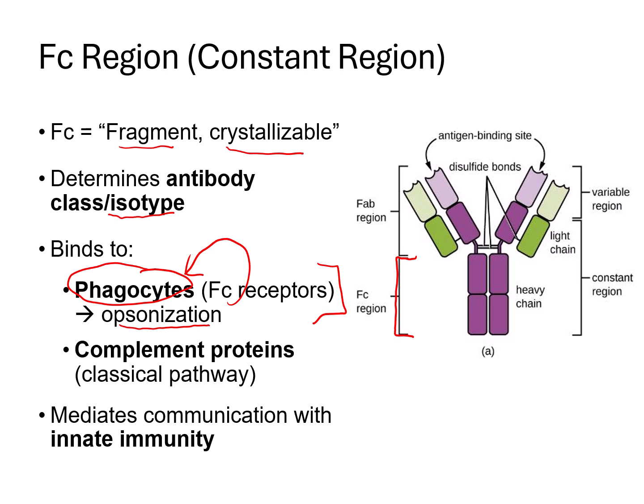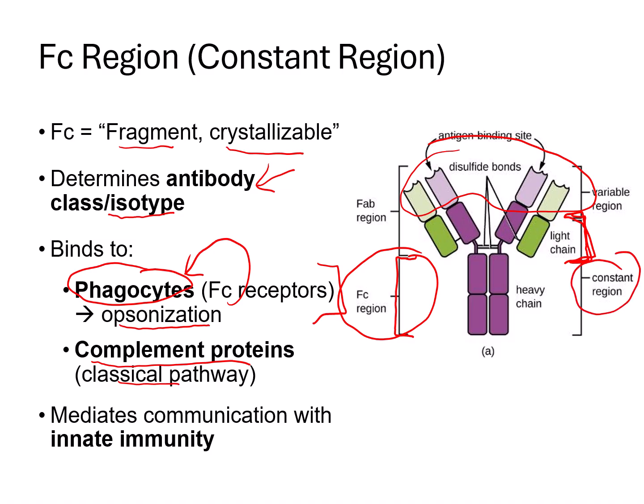This can also activate the complement protein pathway, and we'll see which antibody class is best for that. So while the FAB region finds the pathogen, the constant region, including all of the FC region, as well as a portion of the lower half of the FAB region, will recruit the rest of the immune system to destroy the pathogen.